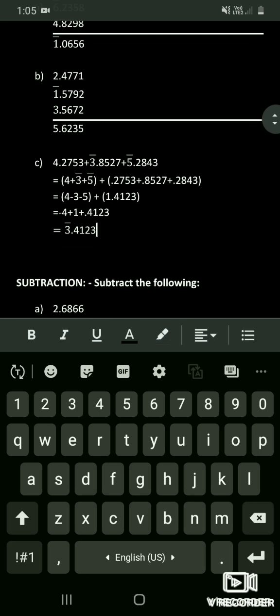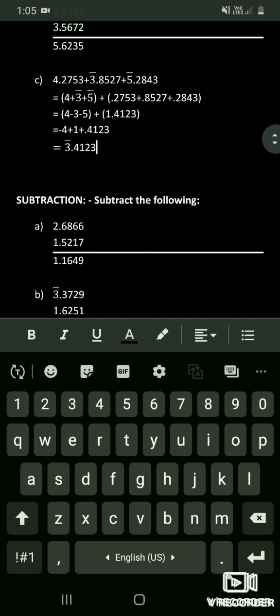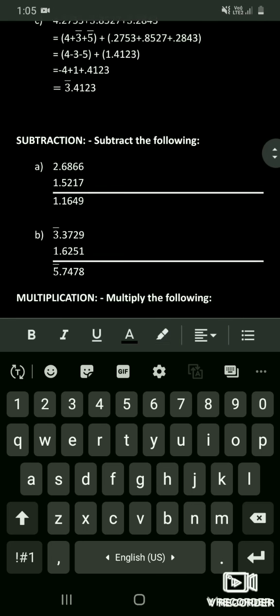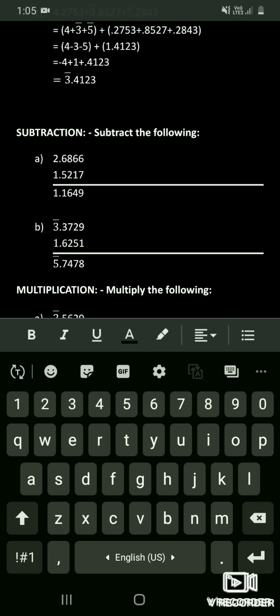There you require the addition, subtraction. So it is important to learn the basics. The second set of problems is subtraction. The first problem is 2.6866 minus 1.5217. This you can do with your simple calculators.